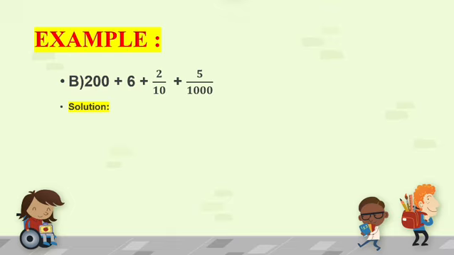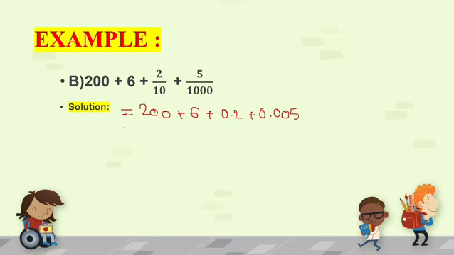We are going to first represent this in decimal form. 200 as it is plus 6 plus 2 by 10, represented as 0 decimal 2, plus 5 by 1000 will be represented as 0 decimal 005, because 3 digits, right? 3 places after the decimal point.